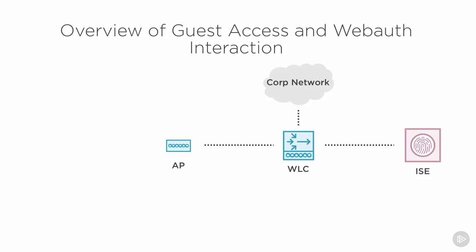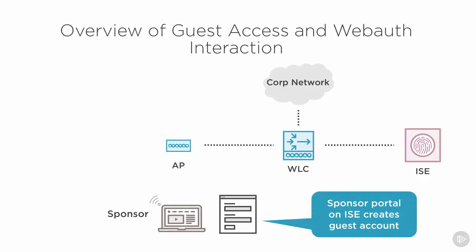Well, what is that? Well, we have to have a sponsor, and that sponsor needs to connect to the sponsor portal, which is ISE, and then create a guest user account. So that sponsor portal is something that oftentimes people will provide a link in their company intranet.